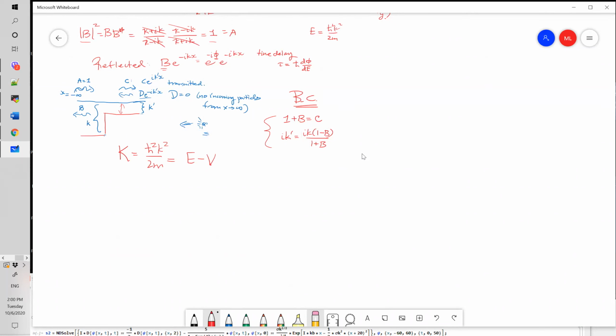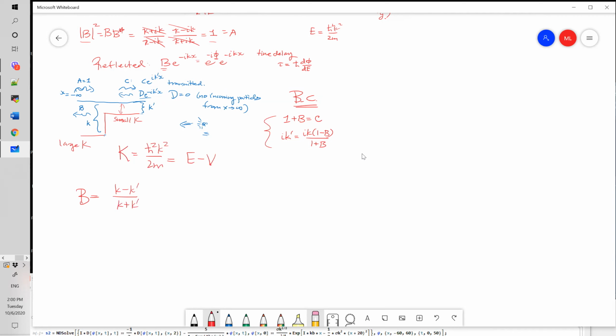This is either k or k prime, depending on how much kinetic energy you have. Here we have a small kinetic energy, right? Again, just reiterating the physics, and this is large. Okay. So yeah, 2 equations, 2 unknowns. You can solve it, and you get b is equal to k minus k prime over k plus k prime.